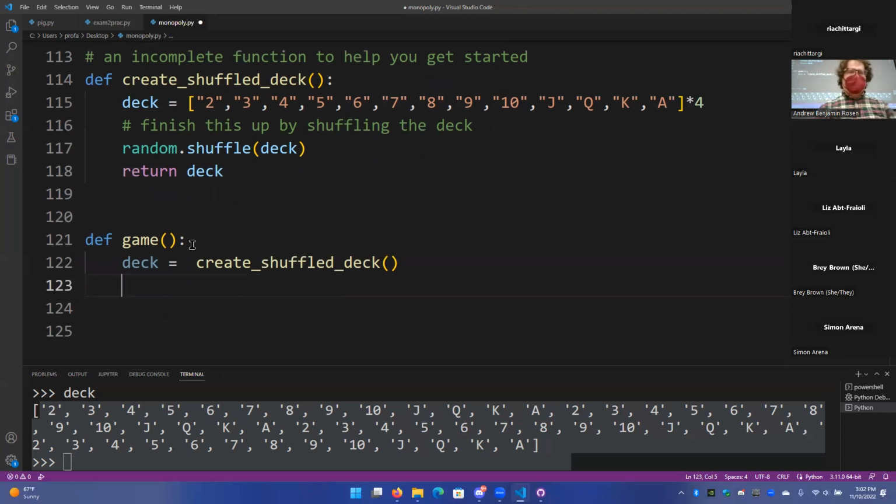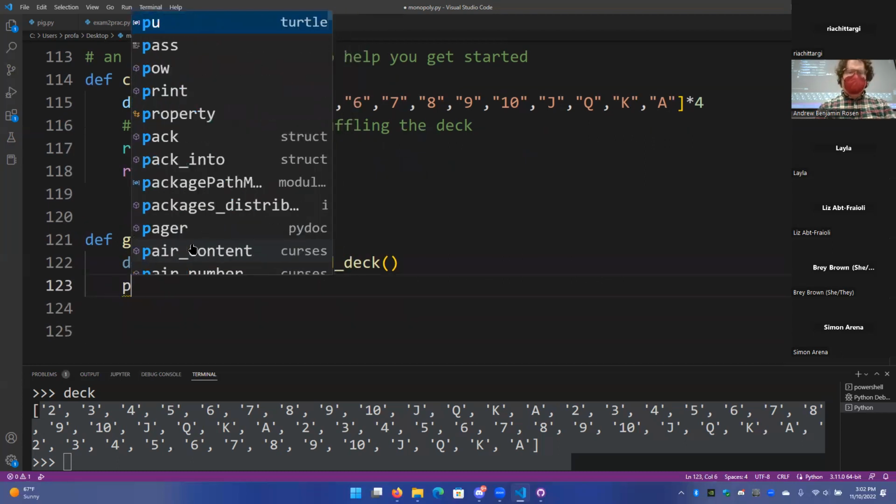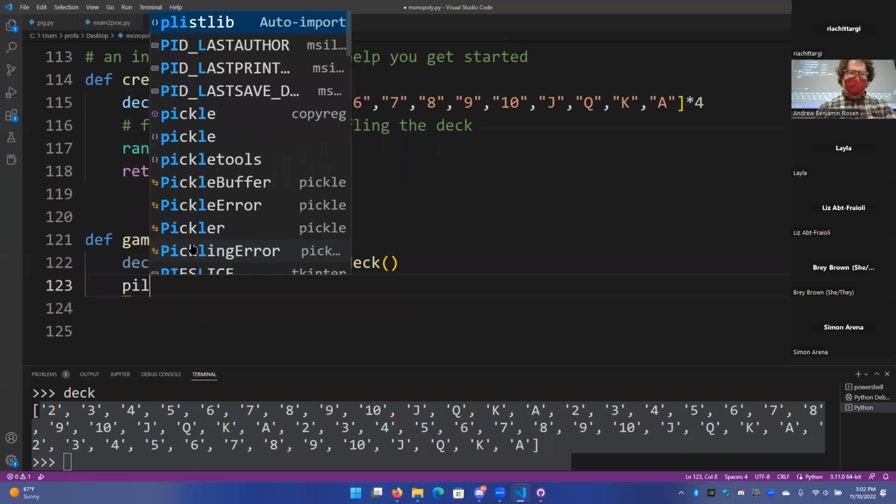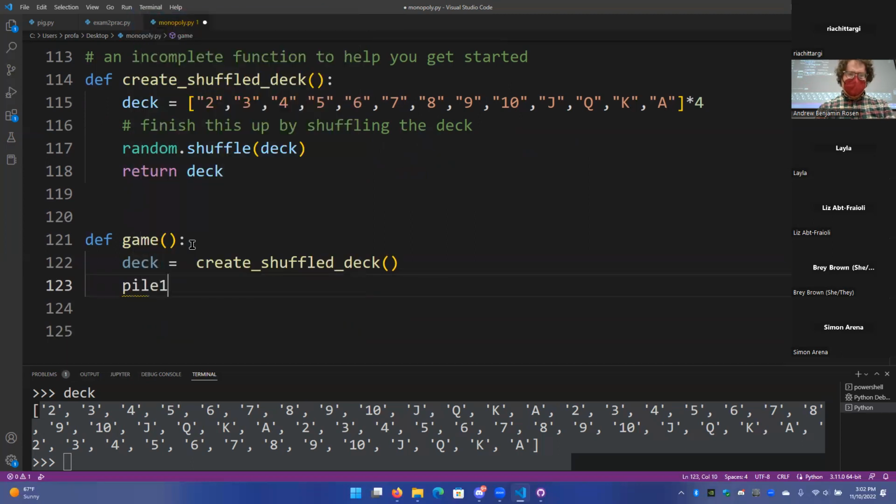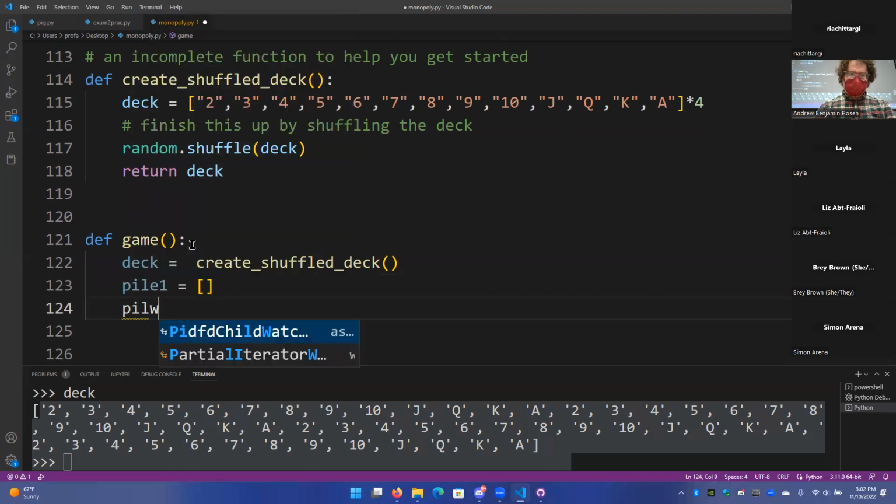So I'm going to create 3. We want to separate this into 3 piles, right? So I'm going to create pile 1, pile 2, and pile 3, right?